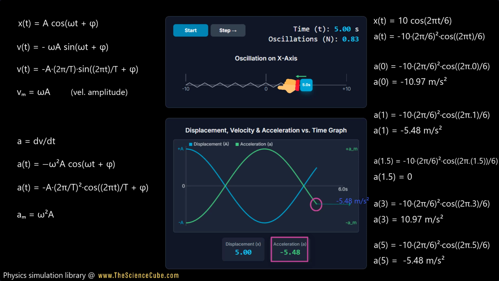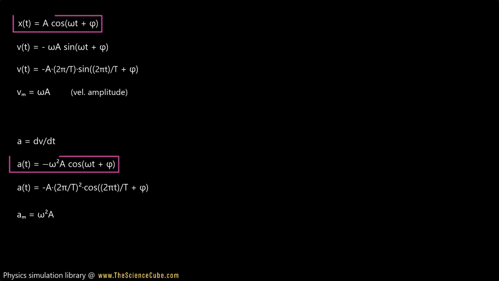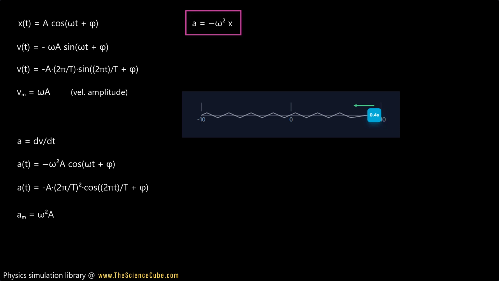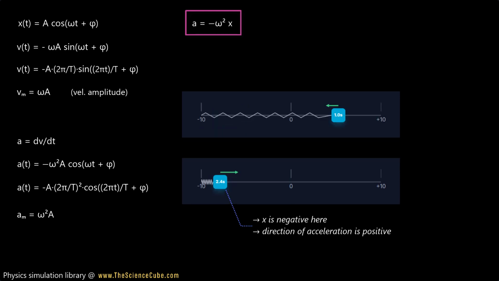Okay, now if we compare the expression for x(t) and a(t), we see something neat. That is, a(t) = -ω²x(t). And this equation reveals something very useful. That is, the acceleration of the particle is always opposite its displacement, because you can see the minus sign here.